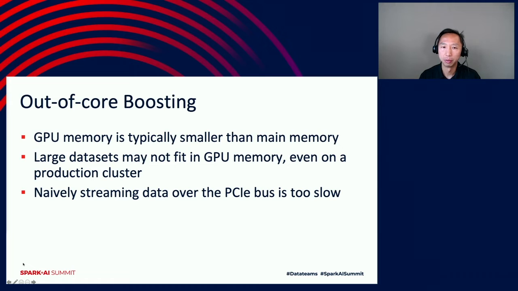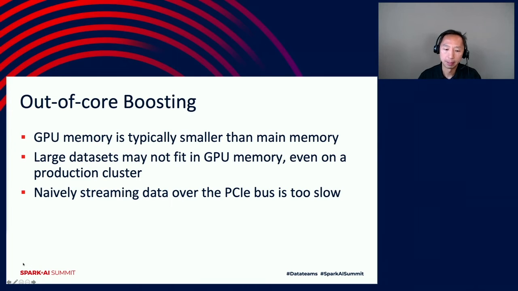So even when you're spinning up a good sized Spark cluster, if you want to fit everything into GPU, it might still not be possible. Naively, what you can do is put all your data in system memory or on disk, and stream your data in during training.